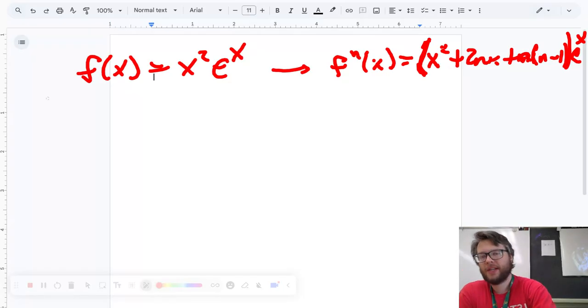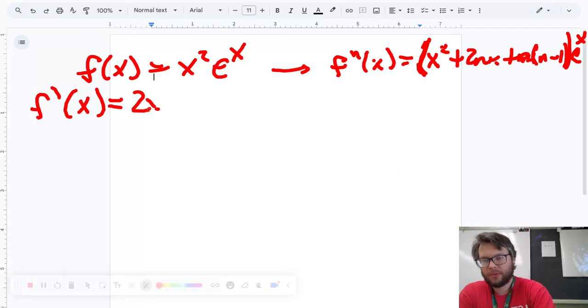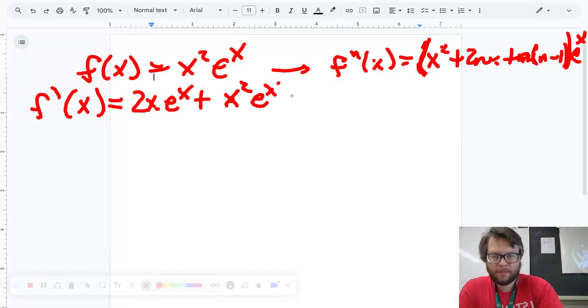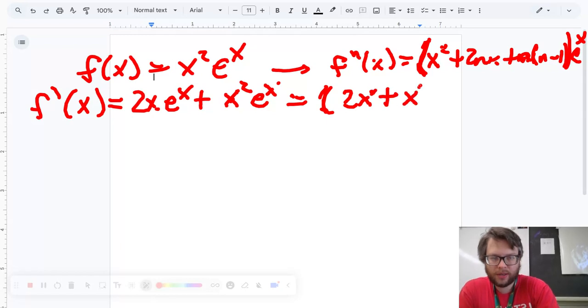So first step, base case, let's look at the first derivative. Product rule. F prime g plus f g prime. If I look at my formula that I'm trying to get to, I want to factor out e to the x. So I have 2x plus x squared, e to the x.